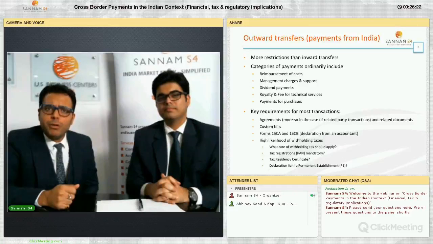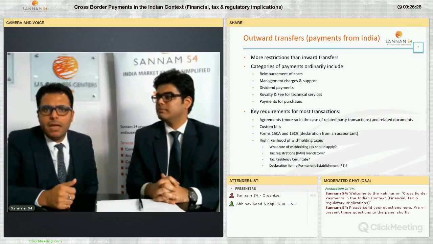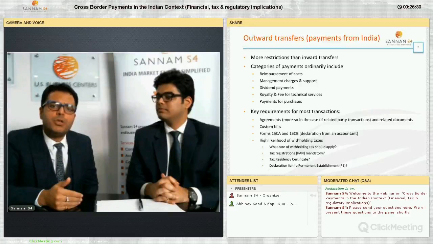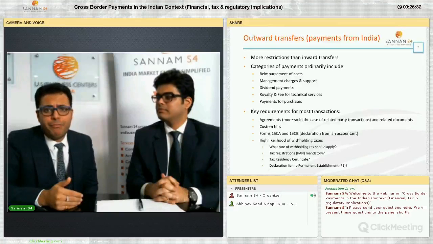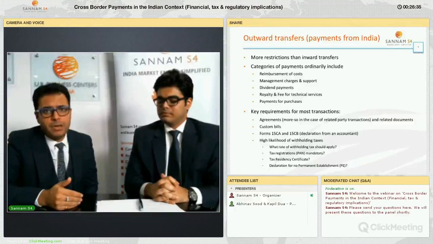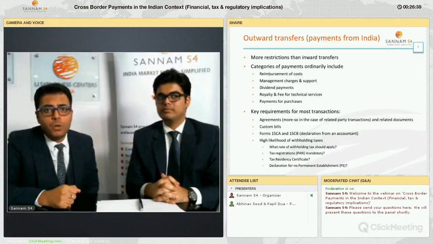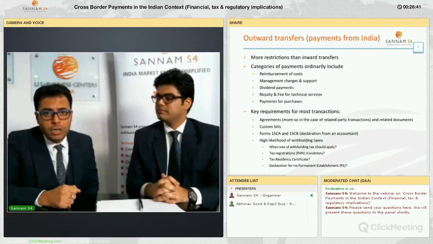In terms of the withholding tax requirement for payments going out of India, there are 3, or even 4, key elements which you should definitely think about before any payment goes from India. First of all, is there withholding tax applicable on those payments going out of India or not?